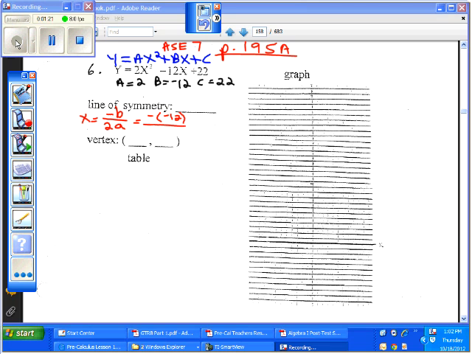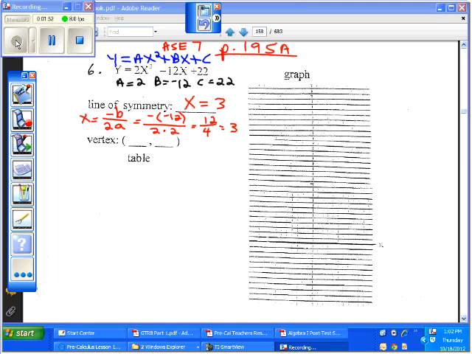So I'm just going to write it in like that for note's sake, and then 2 times my a of 2. The opposite of a negative 12 is a positive 12, over 4 is 3. So my line of symmetry, now what kind of a line is the line of symmetry? It's a vertical line. My parabola would open up because a is positive. So my line of symmetry is the line x equals 3.